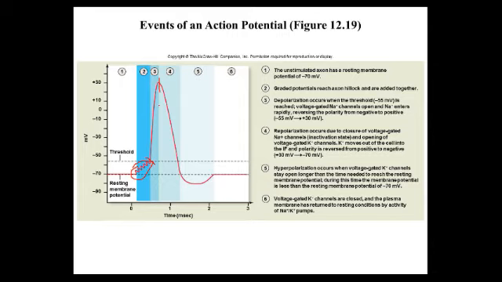There's a difference between more negative and less negative. We went to plus 30, look at our graph. We're moving sodiums. What charge do sodiums have? Positive, it's a cation. We're moving them inside.